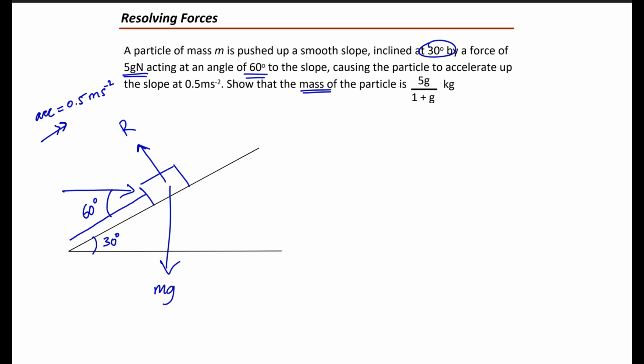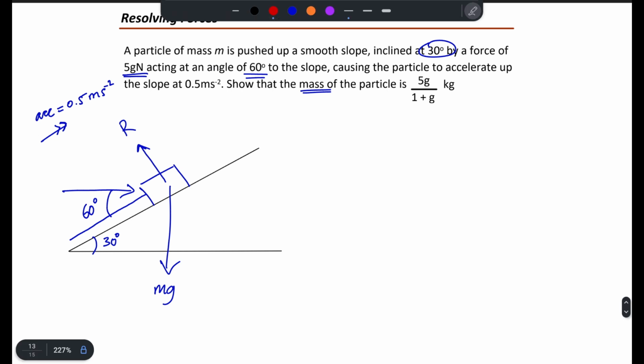So what we want to do here is now just resolve this as much as possible into different components. We know that's going to be a 30-degree angle, so that's going to be mg cos 30. And then if we resolve that mg in the other direction, this is going to be mg sine 30.